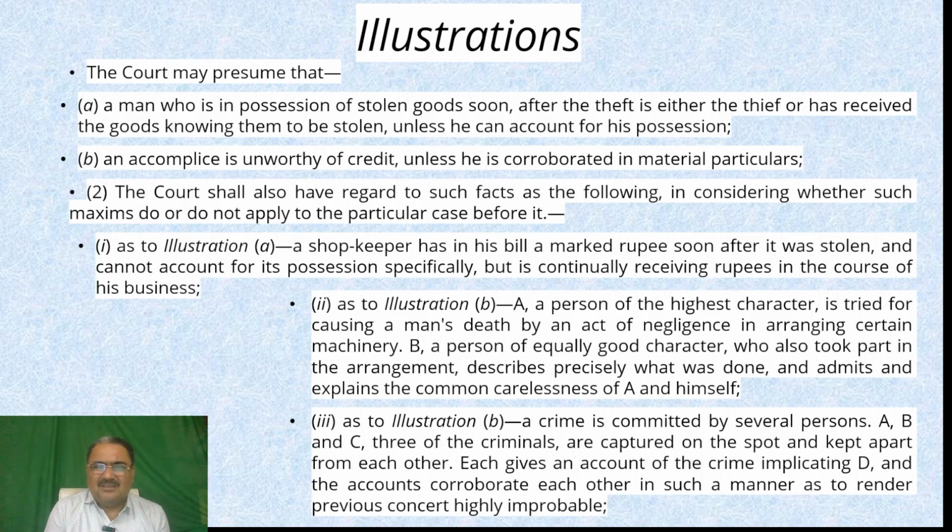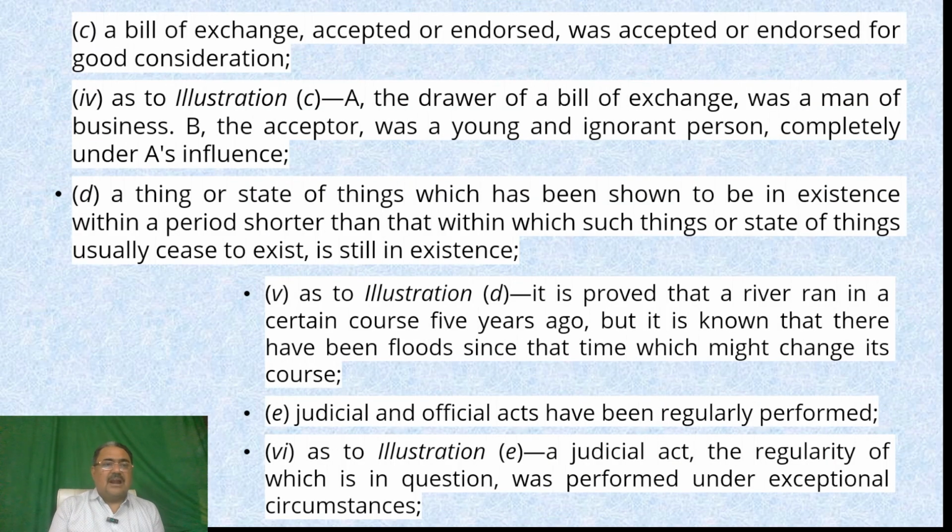What's the presumption? He must have stolen the property, and the shop owner must have purchased the stolen property. So these kinds of presumptions we can naturally draw, and because we draw the presumption naturally, law recognizes it. B, an accomplice is unworthy of credit. There are others. C, a bill of exchange accepted or endorsed was accepted and endorsed for good consideration.